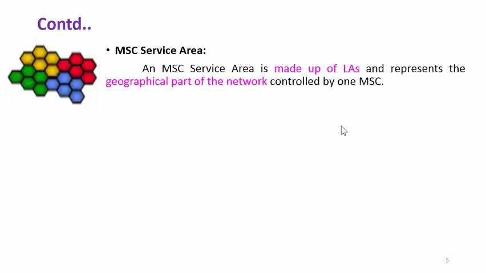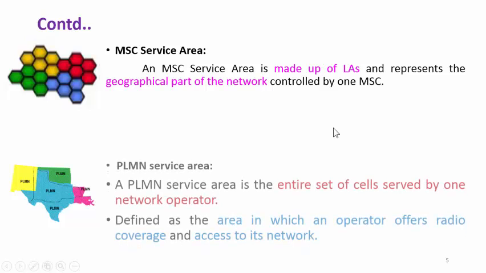This MSC service area represents the geographical part of the network and is controlled by an MSC. The base station controllers available in the location areas communicate with the mobile switching centers.